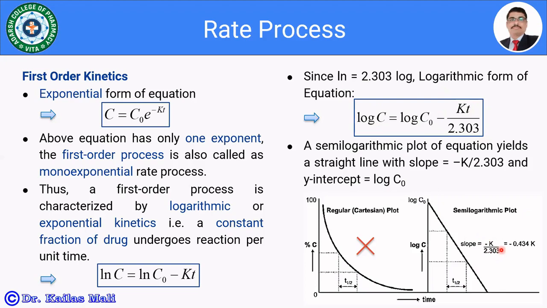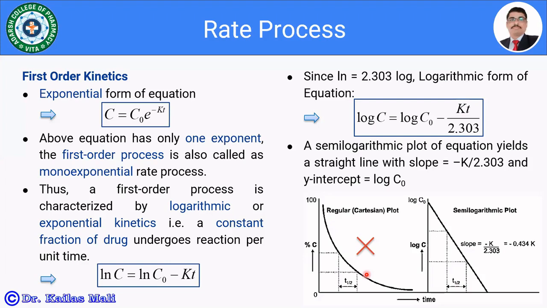When we plot the graph of C versus t, it is not possible to get a straight line, isn't it? When the reaction follows first order, generally the data is not plotted onto regular graph paper.